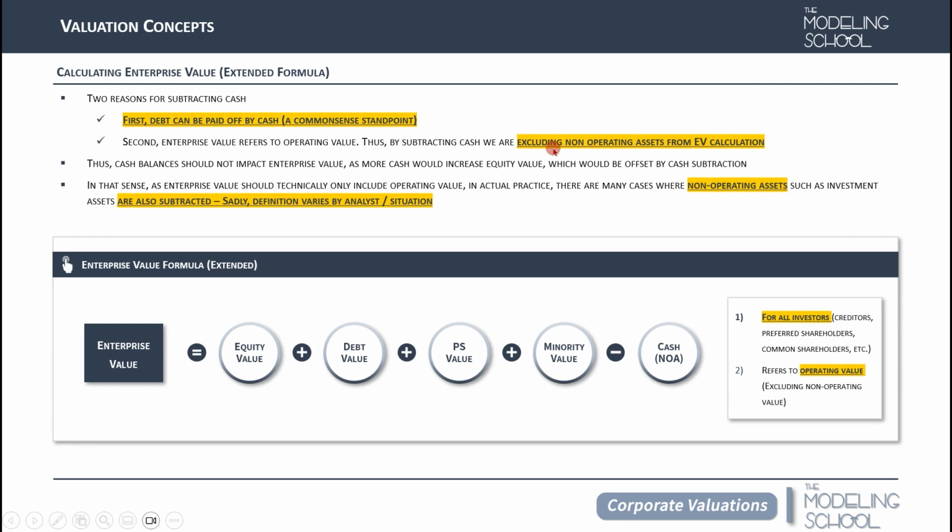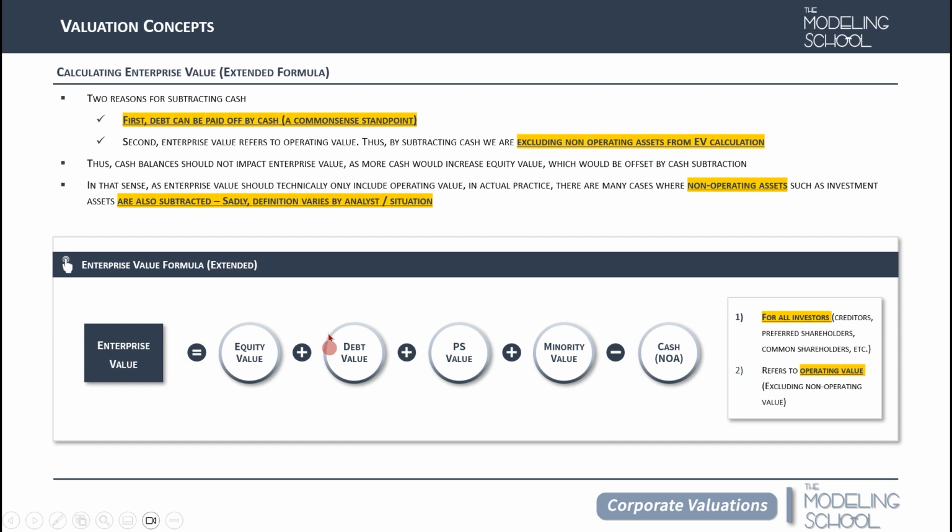Is cash an operating asset? There are many opinions. It may vary depending on the person or the company. But for the purposes of calculating enterprise value, cash is typically treated as a non-operating asset. So by subtracting cash, we are effectively excluding non-operating assets from the calculation.